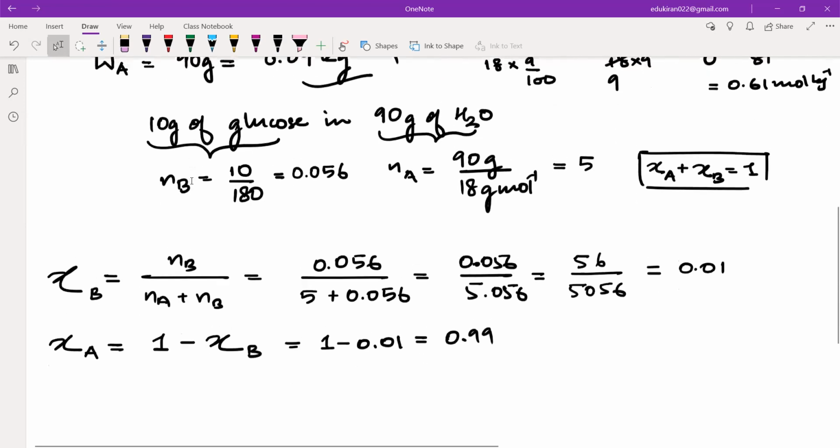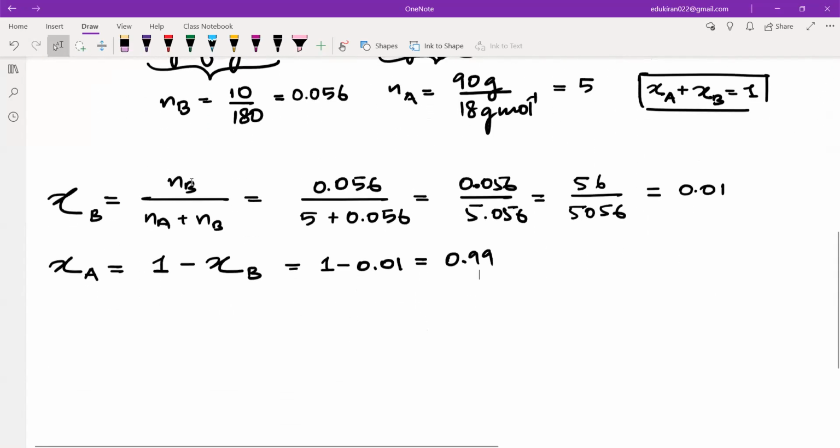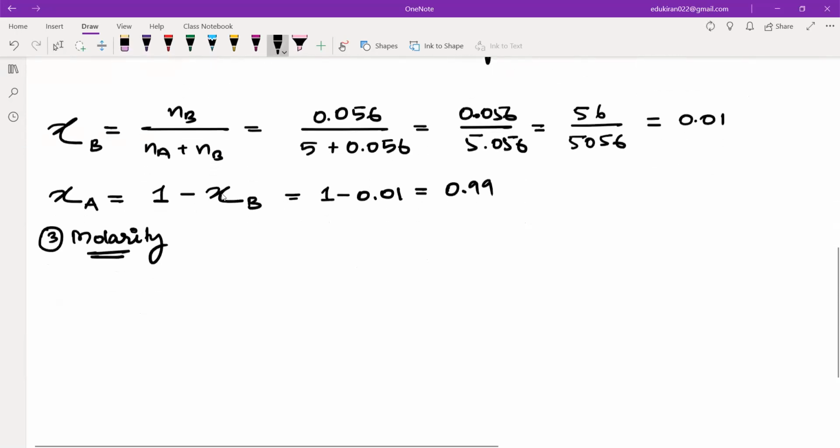Okay, next we have to calculate the molarity. The third thing we have to calculate is the molarity. This is very important. Now, what is molarity? Molarity is equal to, please listen here, don't write anything, number of moles of solute divided by volume of solution in liters.